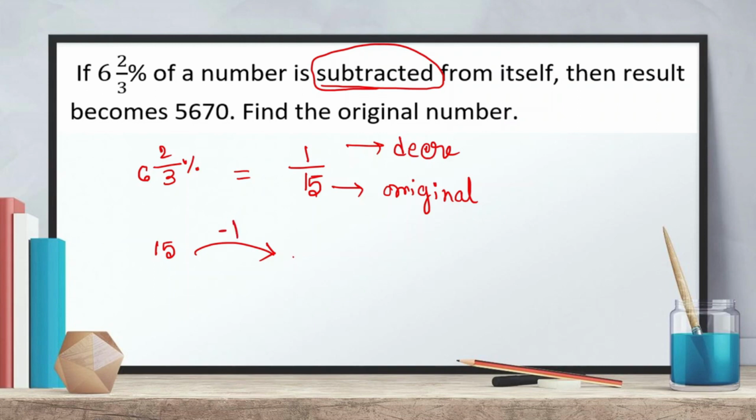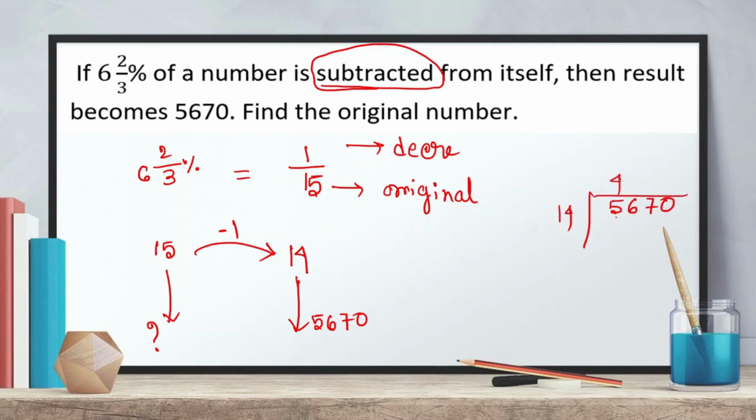So what is the final value? Final value would be 15 minus 1, that means 14. Now it is given that result becomes 5670. That means 14 becomes 5670. Then find the original number. So what is the original number then? We have to find it out. Now we will figure it out. How many times of 14 is 5670? So let's see. 5670, and here is 14.